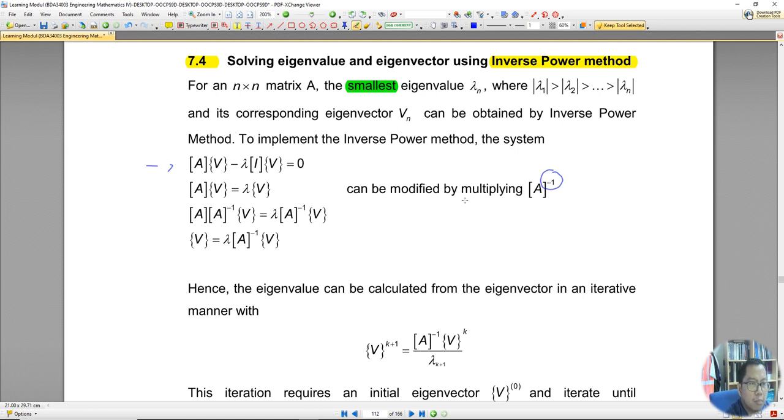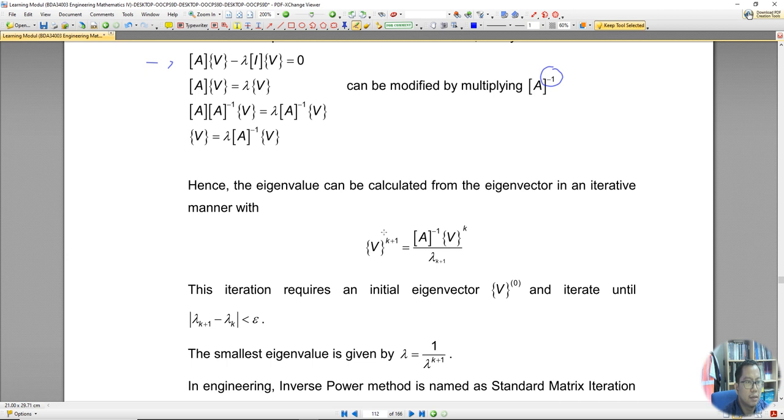We multiply matrix A by inverse matrix A, and then by the eigenvector. Hence the eigenvalue can be calculated from the eigenvector in an iterative manner.